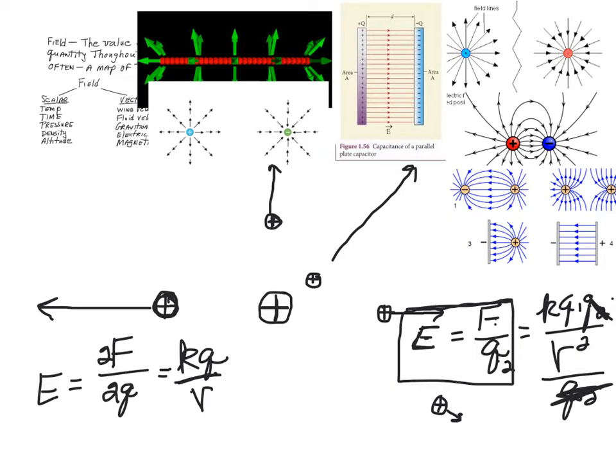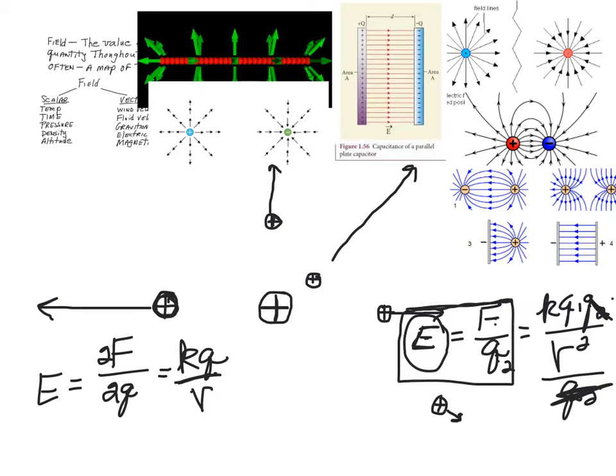And that means the field any place, for 1 charge, for 10 charges, for charged plates, for any charged arrangement, we can measure the electric field simply by putting a test charge at a certain location, like a thermometer at a certain location and measuring the temperature. We push the test charge to a location and we get the electric field at that location, and no matter who measures it with what test charge, you're going to get the same value.